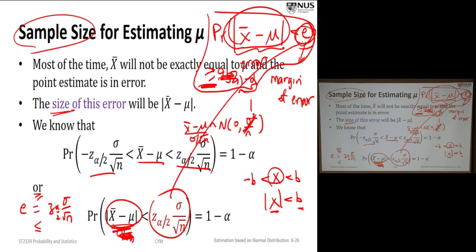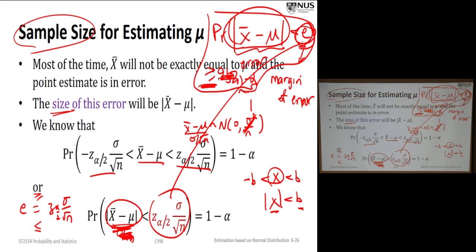So you want it to have a bigger probability. So your E has to be what? Bigger than this Z alpha over 2 times sigma over root n, or less than it. If this is equal, then of course E equals this one. But now I want the probability to be bigger.